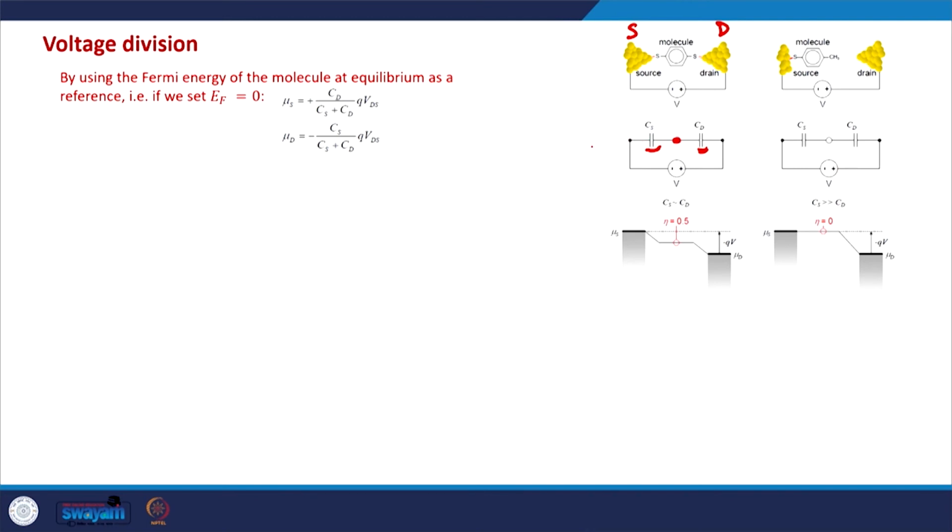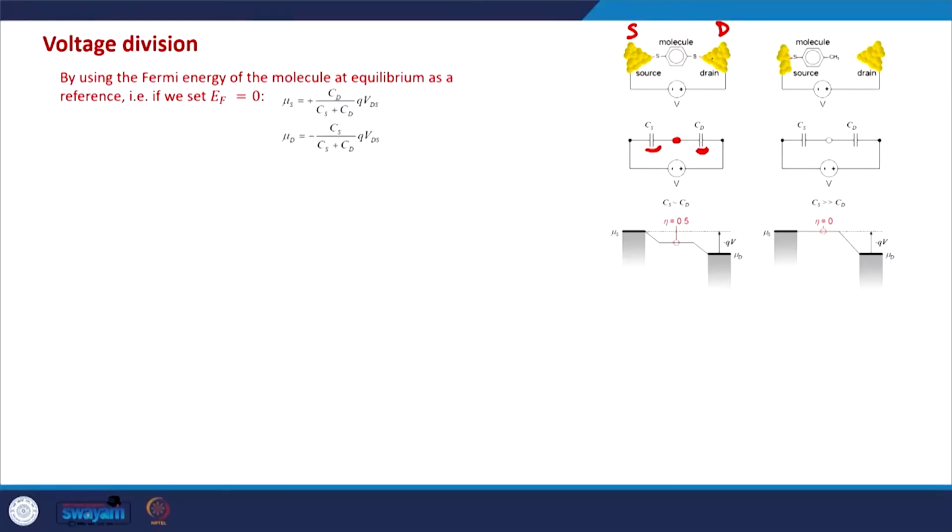Along with the capacitors, there might be a resistor as well. Just for the sake of simplicity, at the moment we have omitted the resistor. So the coupling between the contacts and the quantum dot is modeled by the source and the drain capacitors. And this capacitance depends on the distance between the quantum dot and the contact.